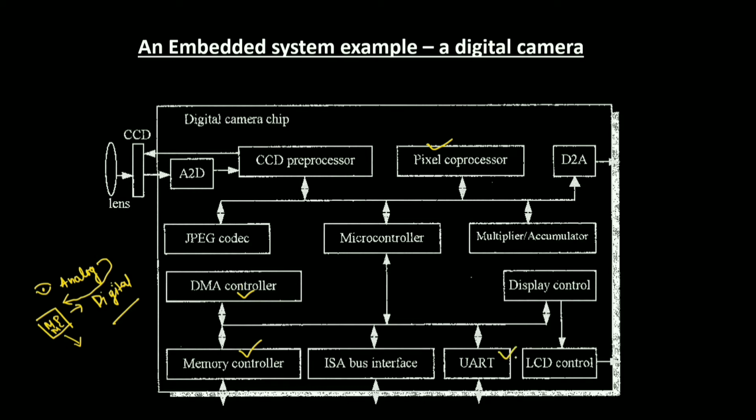It enables communication with a PC serial port for uploading video frames, while the ISA bus interface enables a faster connection with a PC's ISA bus.